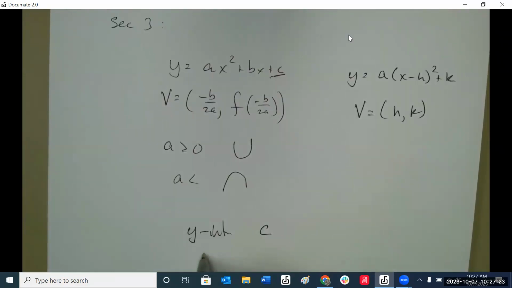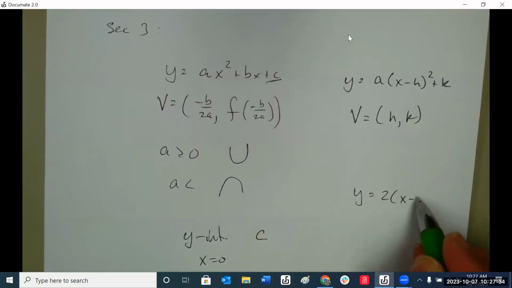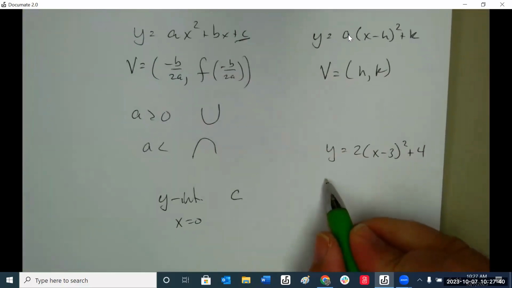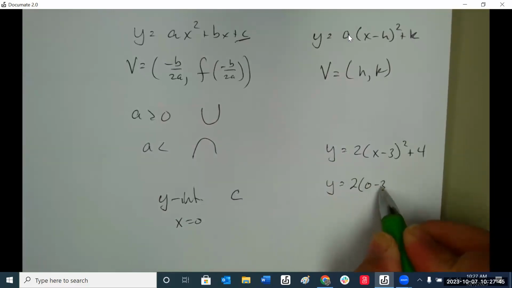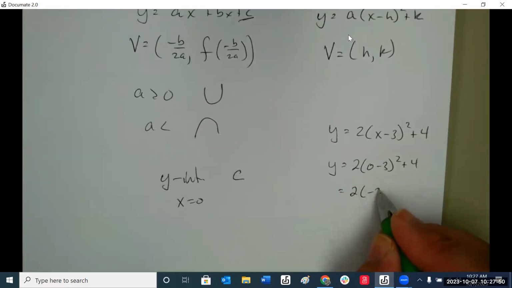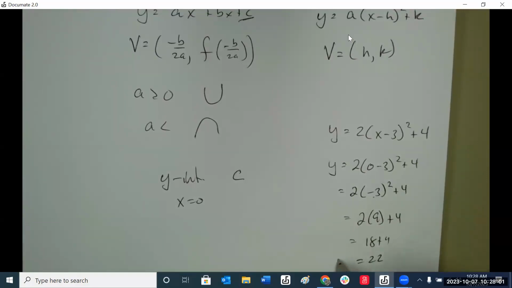The way you find the y-intercept is set x equal to 0. So that means this is gone, and just left that. But with this one, the y-intercept can actually be worked out. -3 squared is 9. 18 plus 4 is 22.